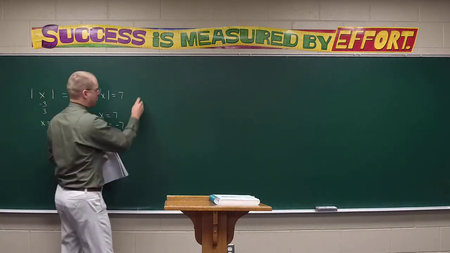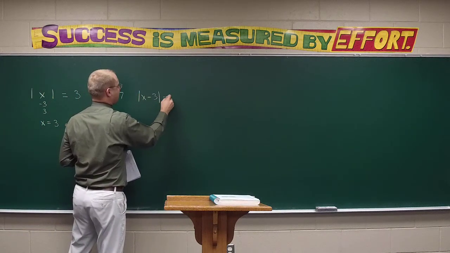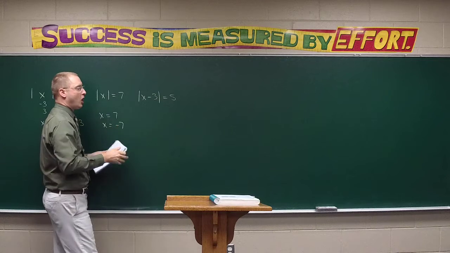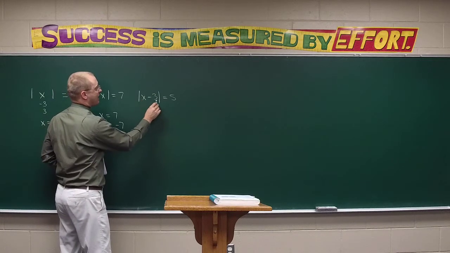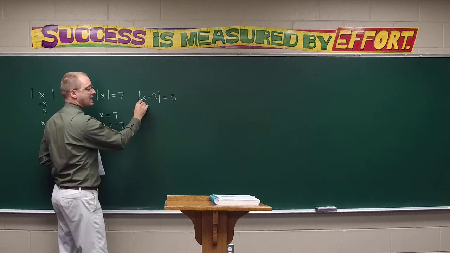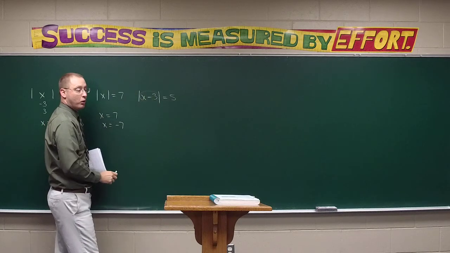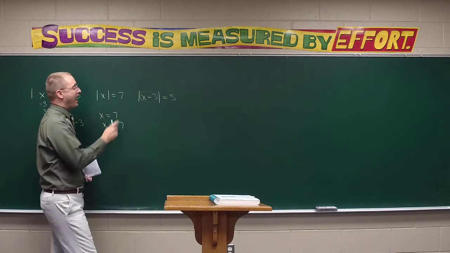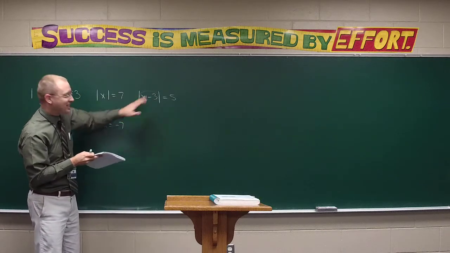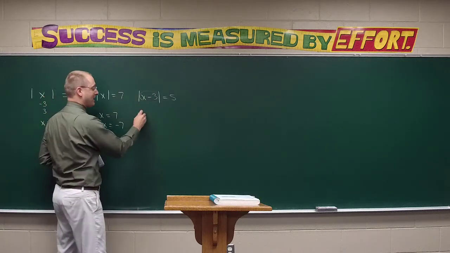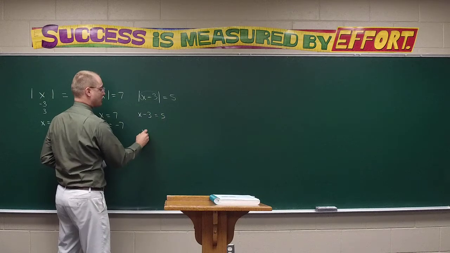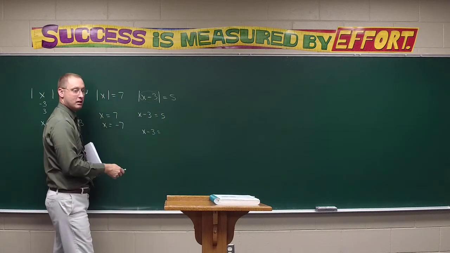If I said that the absolute value of x minus 3 equals 5, well, then that means that the x minus 3 as an entire quantity could either be 5, or the entire quantity could be negative 5.